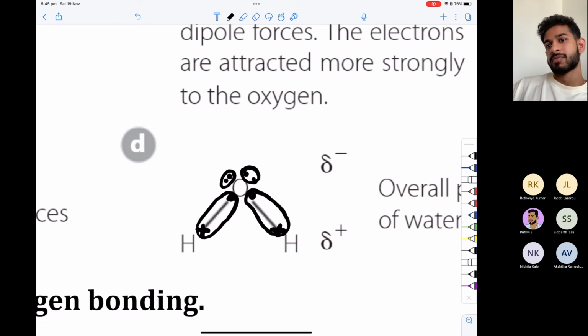Covalent, metallic, ionic. Pick one. Covalent. Good. Covalent is sharing of electrons, and ionic is when you get a complete transfer of electrons, where the metal will give its electrons to the non-metal. Okay, very good. So you get a covalent bond forming there.